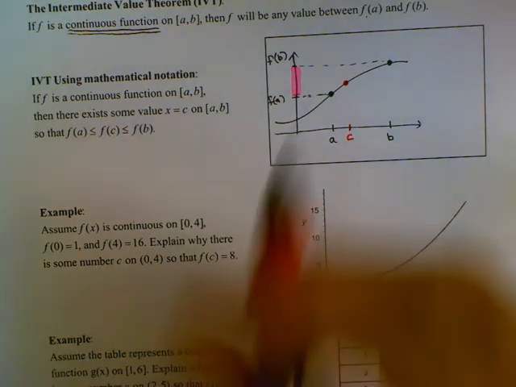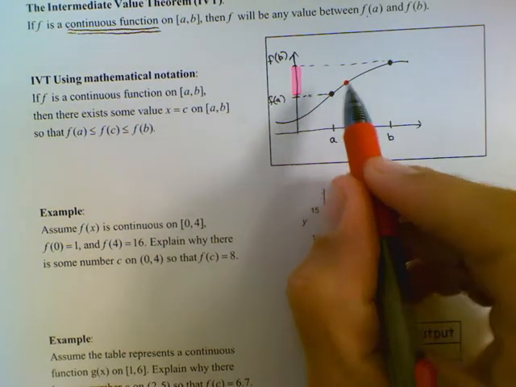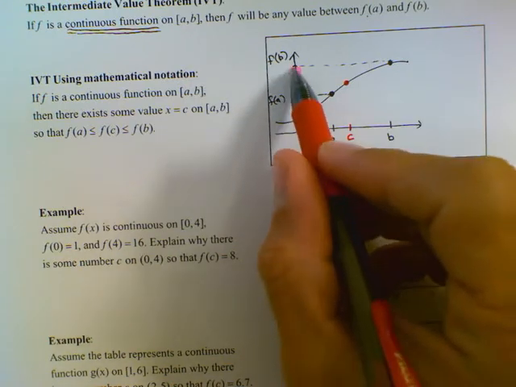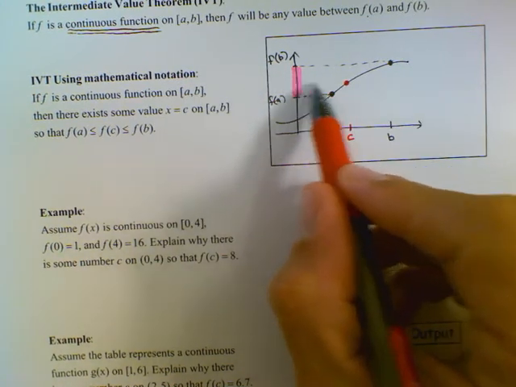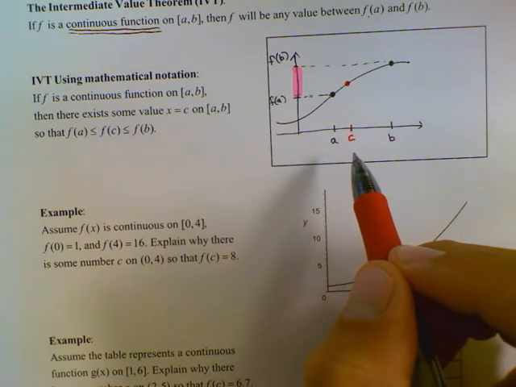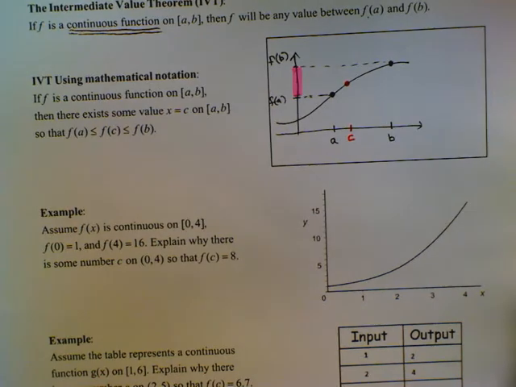Okay, and that's all that says. So if I do have a function value somewhere in this pink, then there does exist a c value that I could plug in. All right, so that's exactly what the intermediate value theorem says.